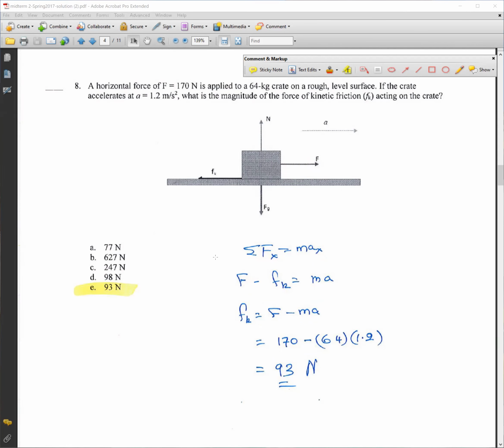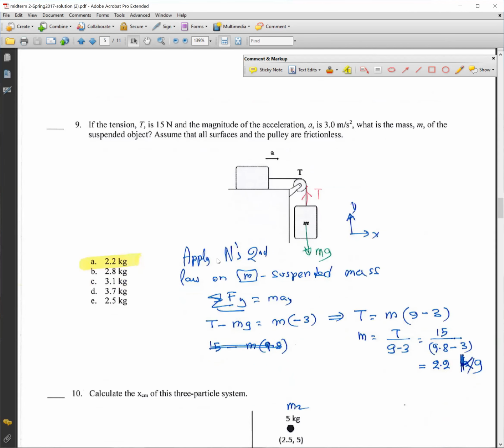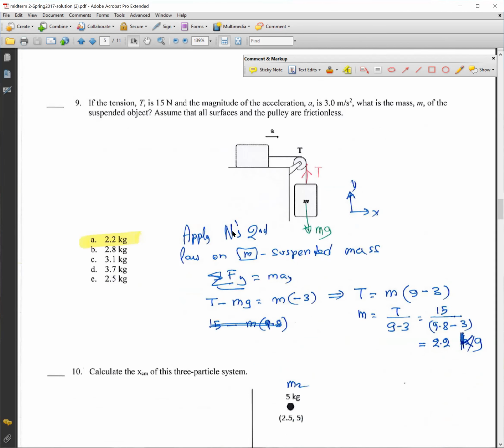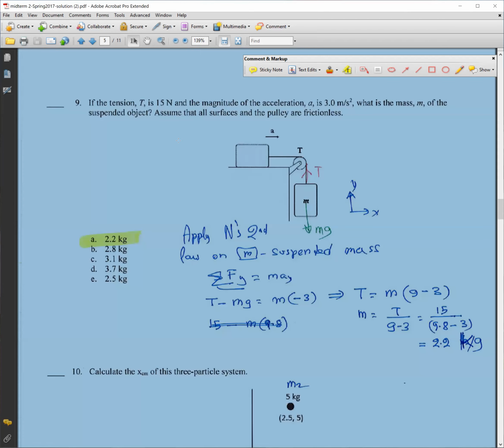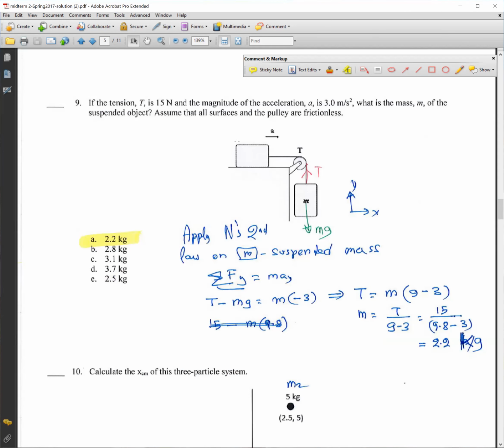Right, so question number 9. If the tension T is 15 newtons and the magnitude of the acceleration A is 3 meters per second squared, what is the mass, lowercase m, of the suspended object? Assume that all surfaces and the pulley are frictionless.